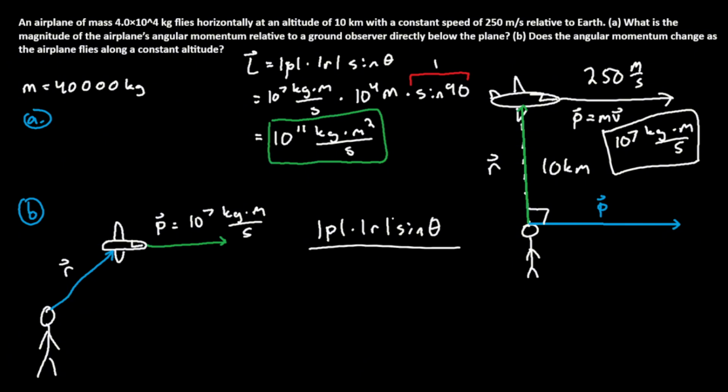If this is the formula for your angular momentum, then r times sine of theta does something interesting. First, let's put the vectors tail to tail. So the vectors are now tail to tail, and this is your momentum vector.